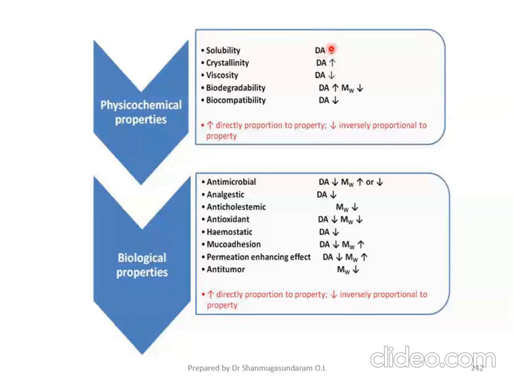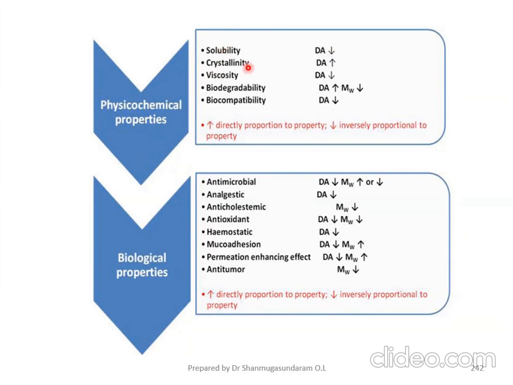So your degree of deacetylation decreases, your solubility increases. This upward arrow, what does it indicate? Directly proportional to the property. Your downward arrow indicates it is inversely proportional.